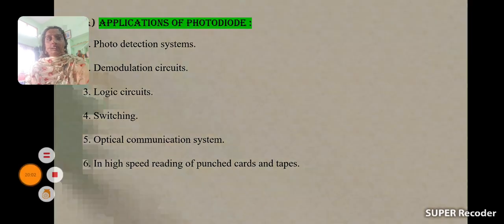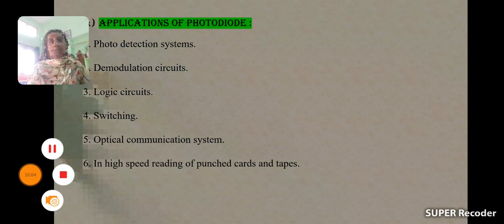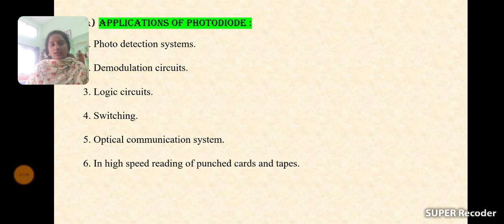While coming to the applications, one of the important applications is switching. Photodiodes also act like switches, and these diodes are used in optical communication systems also. What is meant by optical? If any material is made with glass, then that is called optical.